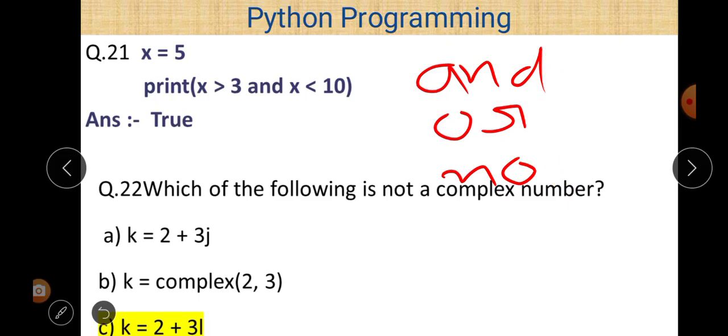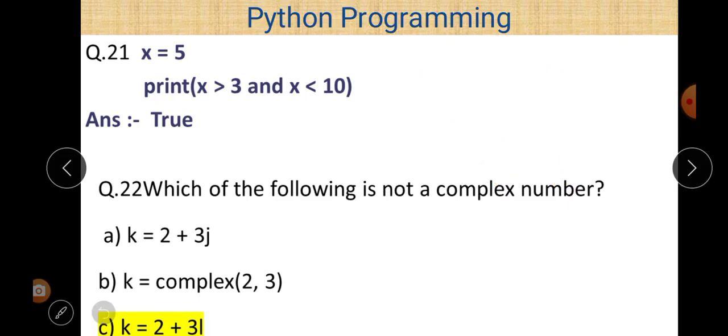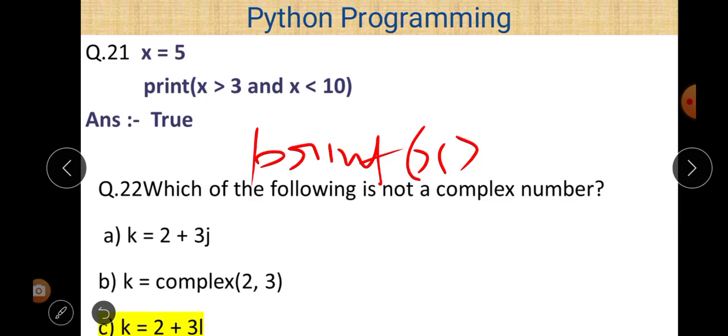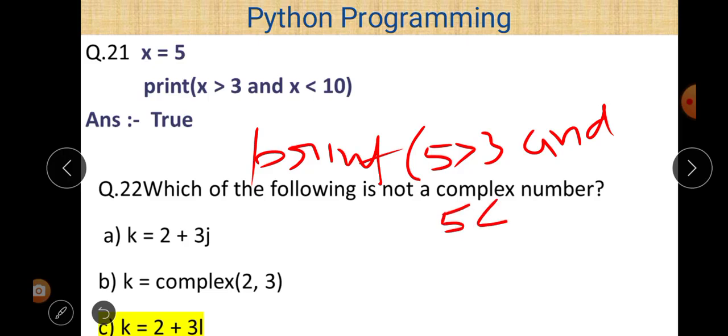For example, if I write like this, print 5 is greater than 3 and 5 is less than 6, then answer should be true.